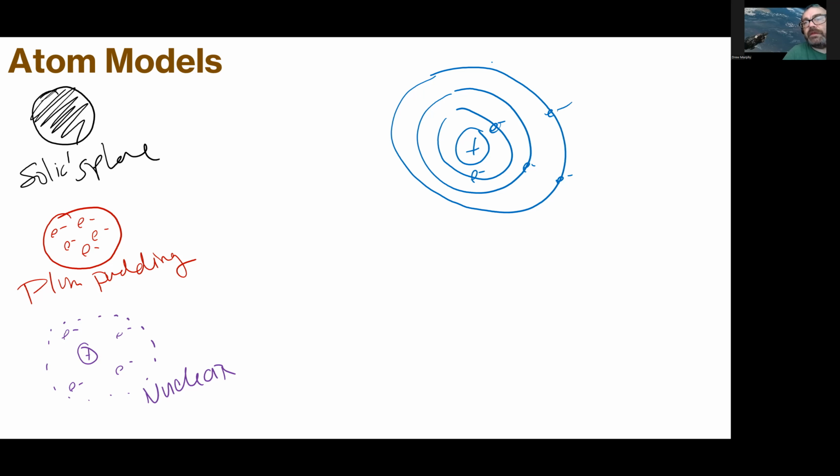There's probably a lot more than what I'm drawing, but I'm just going to draw some in there. But what classical physics is saying is that if this is true and these are orbits, then being near the positive charge, the electron is going to lose energy and crash into the nucleus eventually. And that's not what happens.